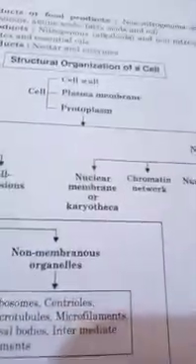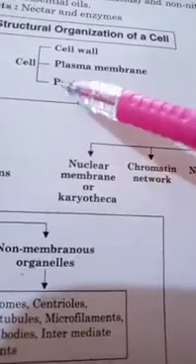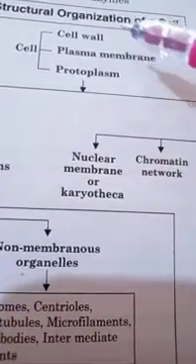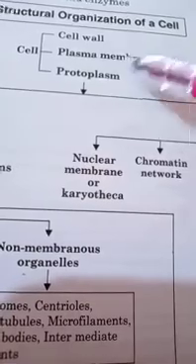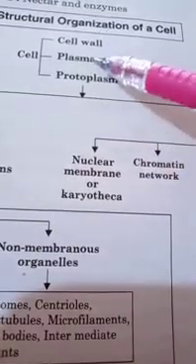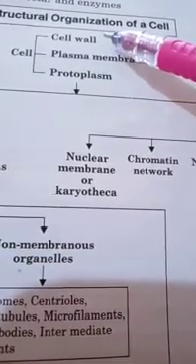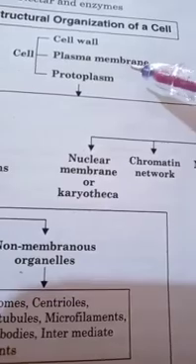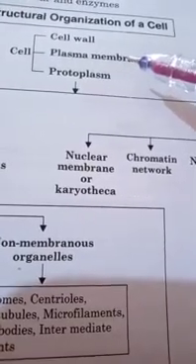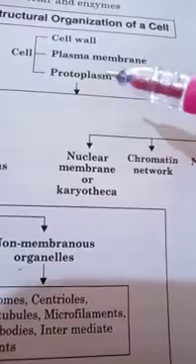So internally a cell looks like this, and that cell could be discussed in detail via considering this flow chart, where a cell is having the outermost boundary, that is your cell wall, inner to it is plasma membrane, and inner to it is protoplasm. So cell wall is responsible for giving the shape and integrity to the plant cell, and the plasma membrane inner to the cell wall in case of plant cell also is the limiting boundary of the protoplasm.